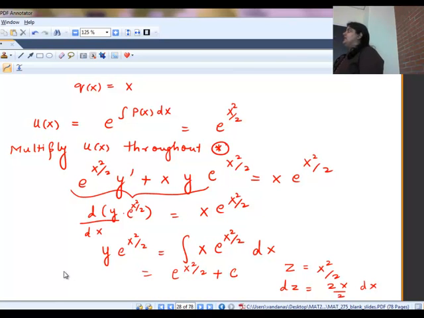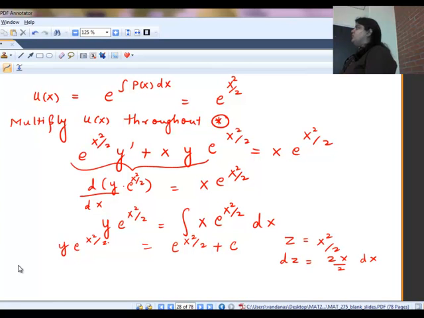And the left hand side is y e to the power x square over 2. Now divide throughout by this, you will get y equals 1 plus c e to the power minus x square over 2. This is y of x, the general family of solutions.